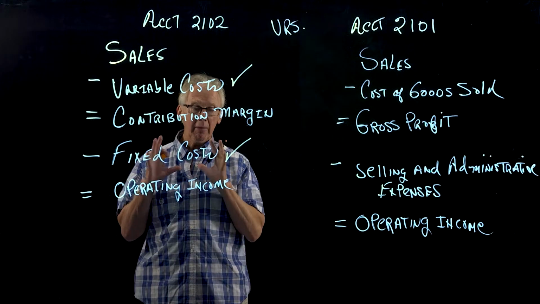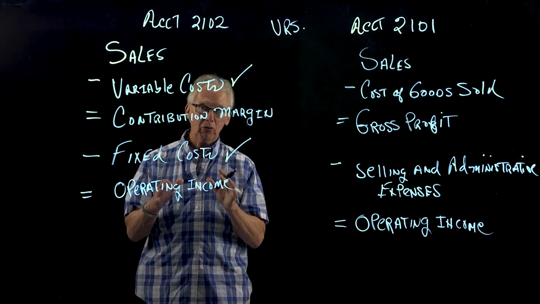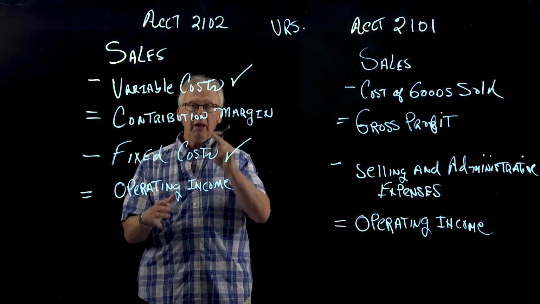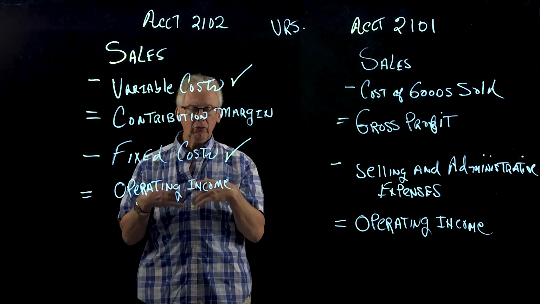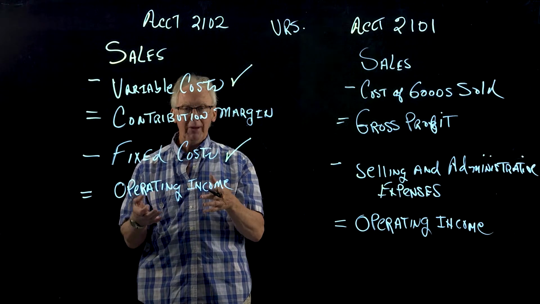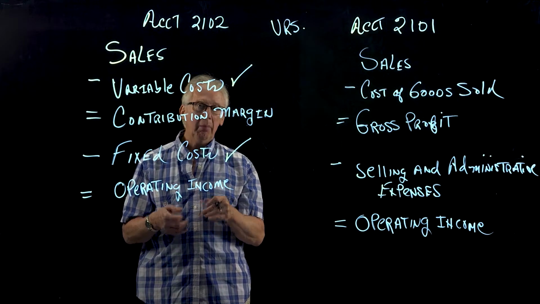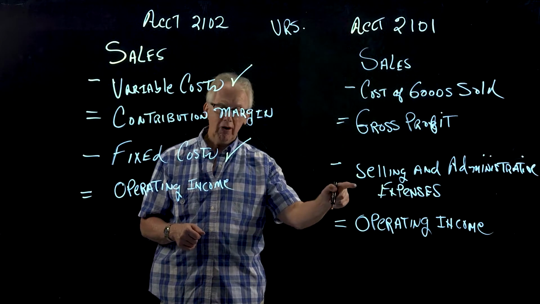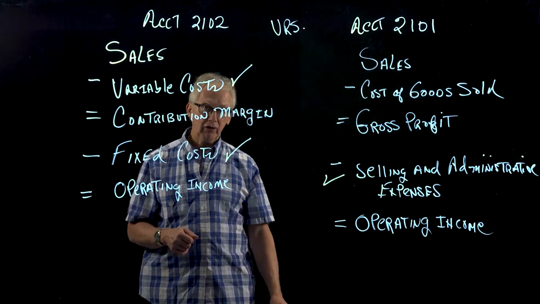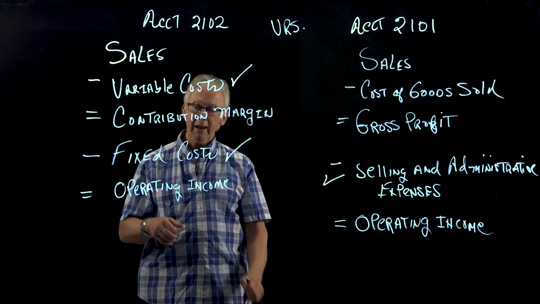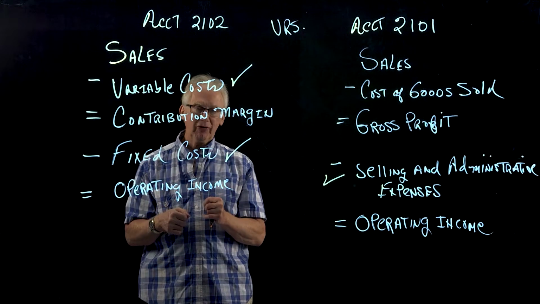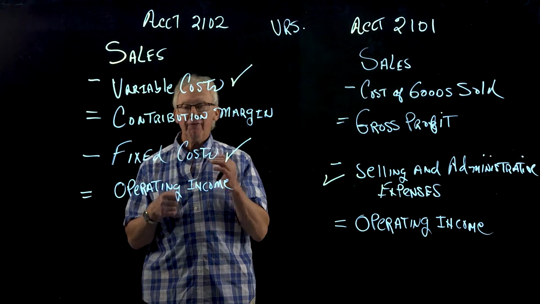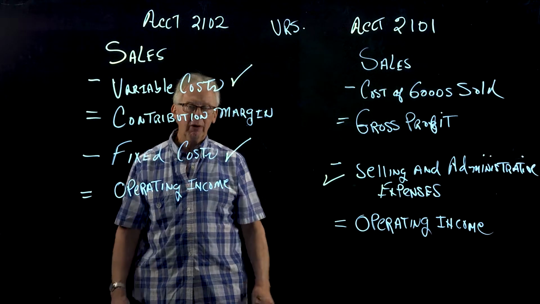Okay, and I mean every fixed and variable cost. For example, variable cost not only includes direct materials, direct labor, and variable manufacturing overhead, but it also includes variable selling and administrative expenses. Okay, fixed costs includes fixed manufacturing overhead and fixed selling and administrative expenses.